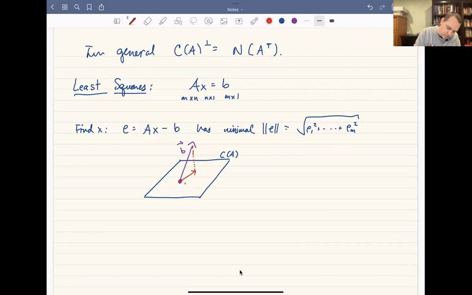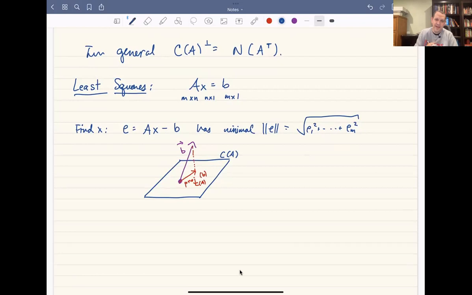Okay, so this is the projection of B onto the subspace C of A, right? The column space of A. And that's going to be what your answer is, basically. Okay, so your X that's going to be the closest here is going to be the projection of B onto C of A. And so you want to solve the system in that way. So that's basically the idea here.